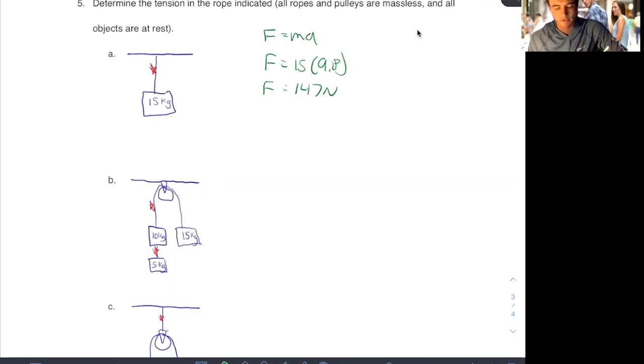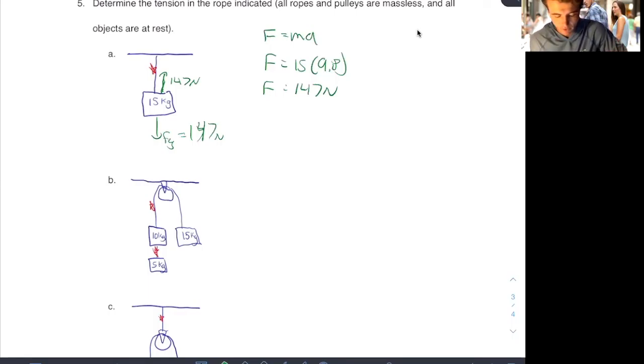Just understand that since the block isn't moving, the force of gravity is 147 newtons going down. Because the block is at rest, there's an opposing force of 147 newtons going in the upwards direction. That opposing force is the tension force that this rope is applying to the block.